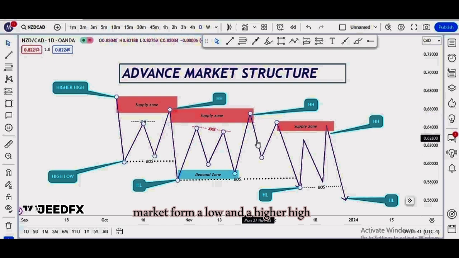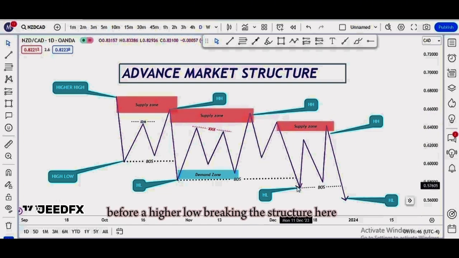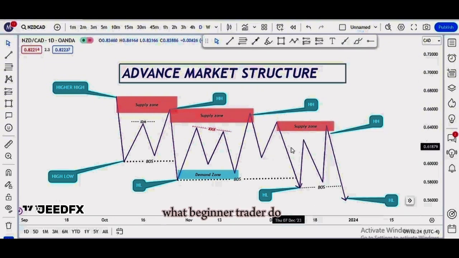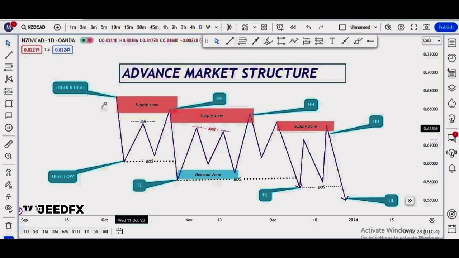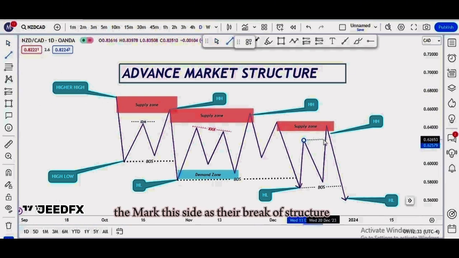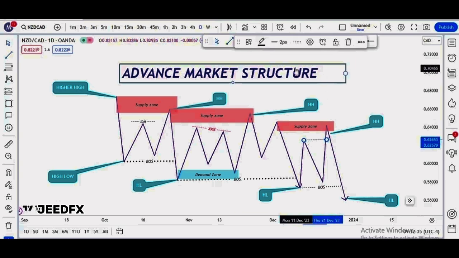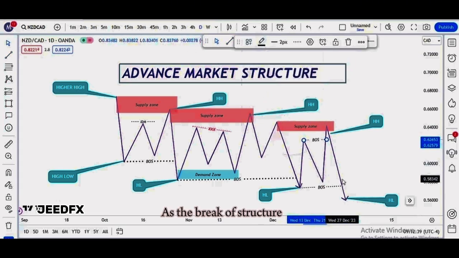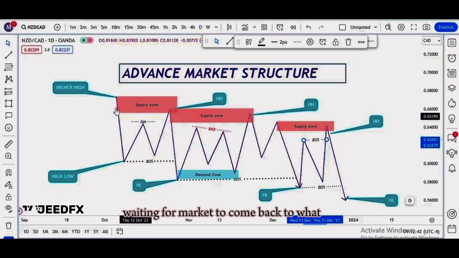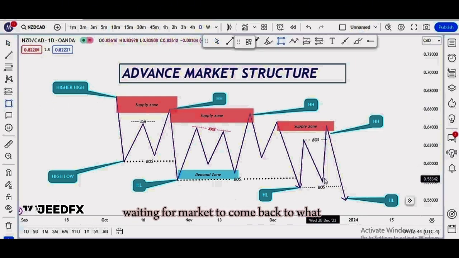Market formed a low and a higher high before a higher low, breaking the structure here. What does a beginner trader do? They mark here as their break of structure. They mark this side as their break of structure. They mark that side as their break of structure, waiting for market to come back to what?